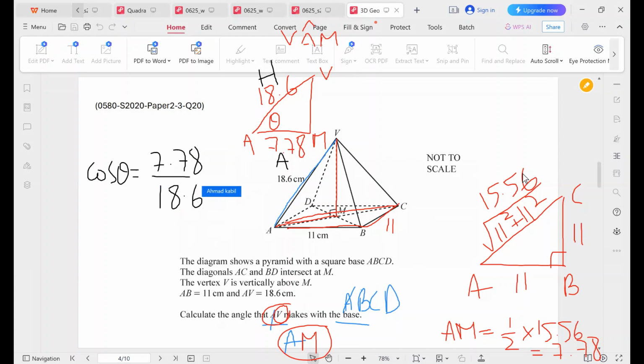And we do shift cosine. So theta equals shift cosine, or inverse cosine, 7.78 over 18.6.